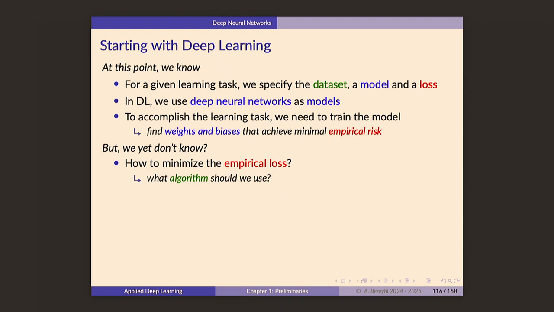Okay? And this is going to be a very hard problem because in practice, if you have a deep neural network, say, for instance, ResNet. ResNet is a kind of state-of-the-art model, you're going to see it in Chapter 5, that we can use for many classification problems. And in ResNet, you have 10 to the power 7, 10 million parameters.